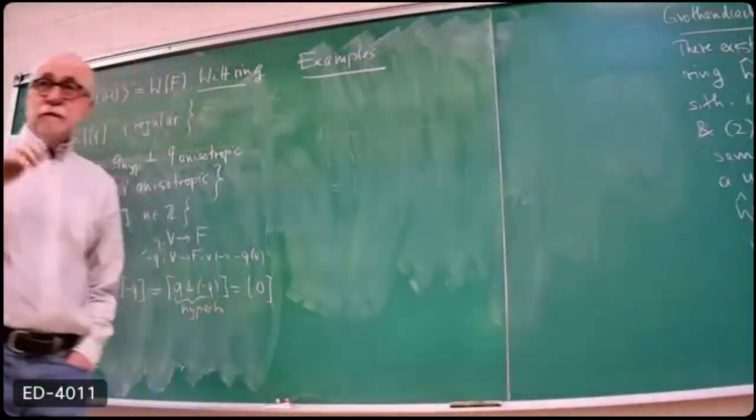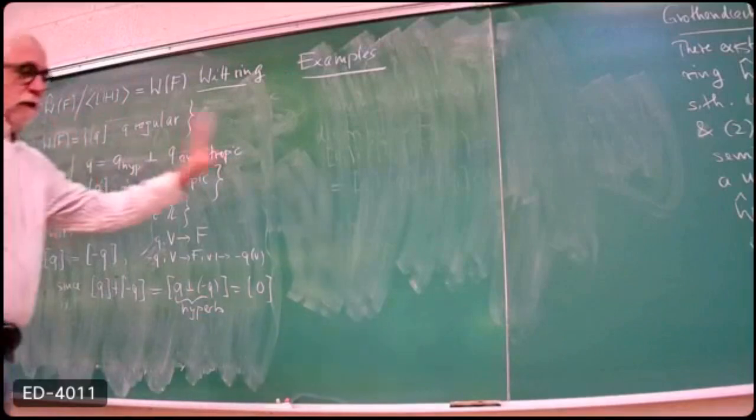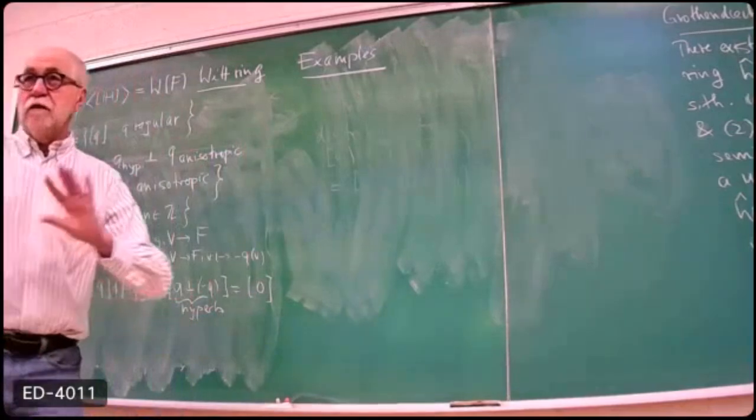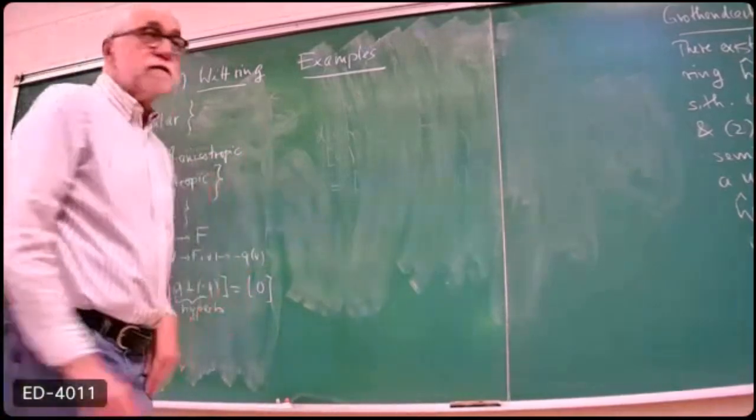But first, remember that we're working over a field of characteristic not 2, and this is now really necessary. There does not exist, by the way, a Witt ring in characteristic 2. There only exists a Witt group. So we have seen that any regular quadratic form can be diagonalized.